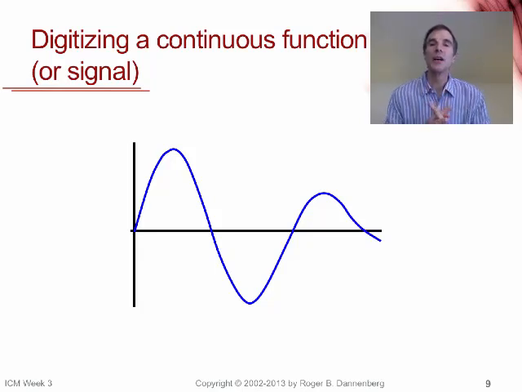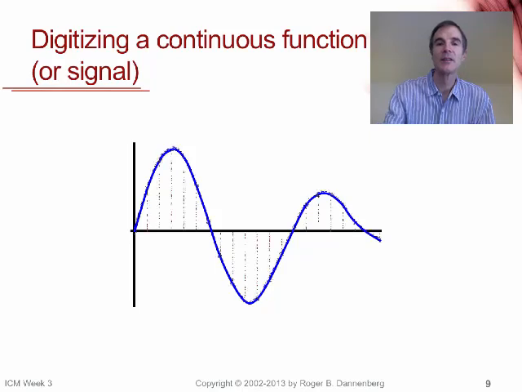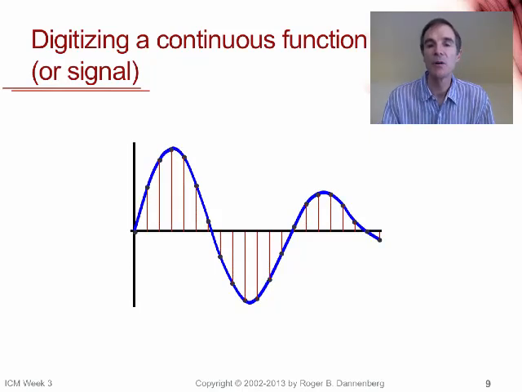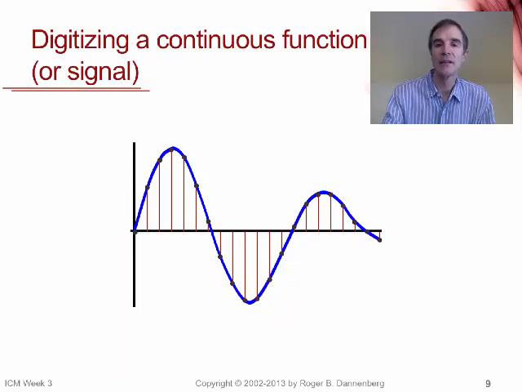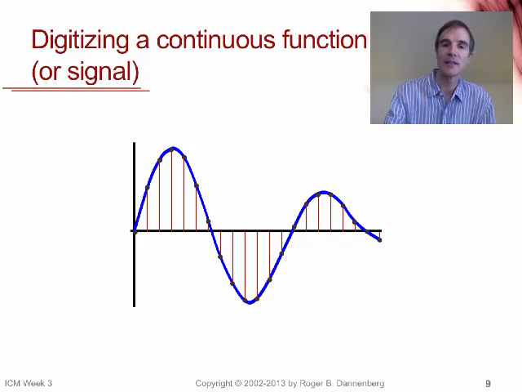So when we digitize a continuous function or signal like this, we're first of all measuring the signal at discrete time points, and then we're quantizing the values in the vertical axis to get integer values.